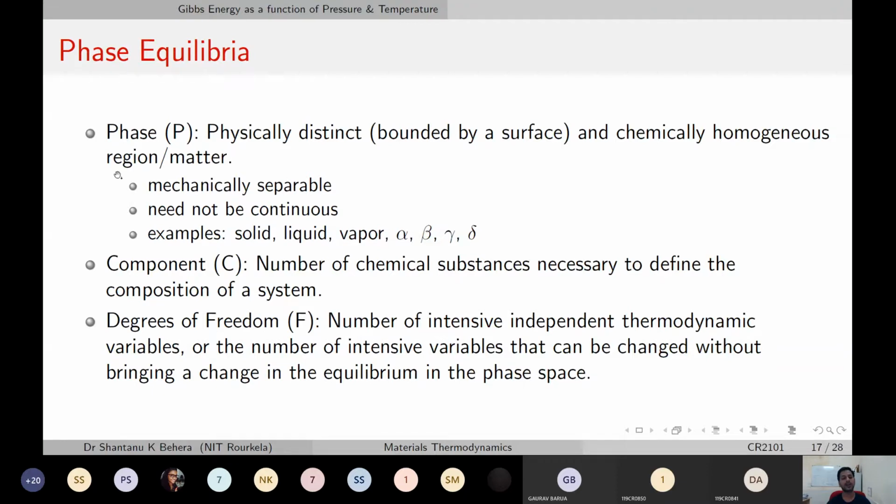As long as it's mechanically separable, it can proceed. That's why I haven't put it in a definition as such, but you can use this to appreciate what exactly would be called a phase.